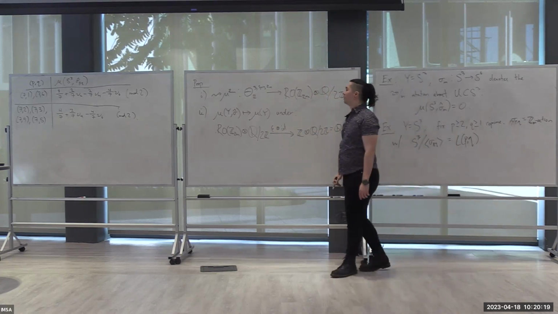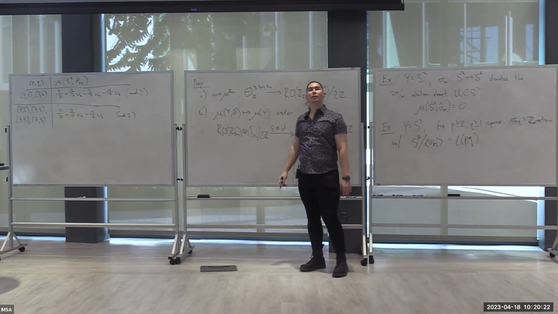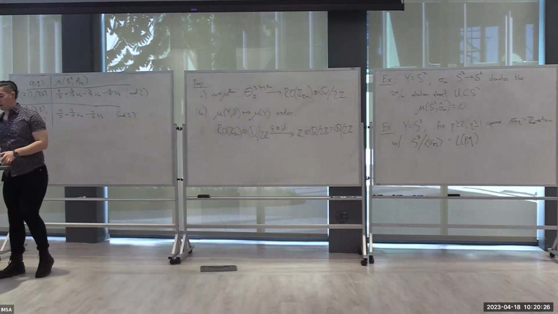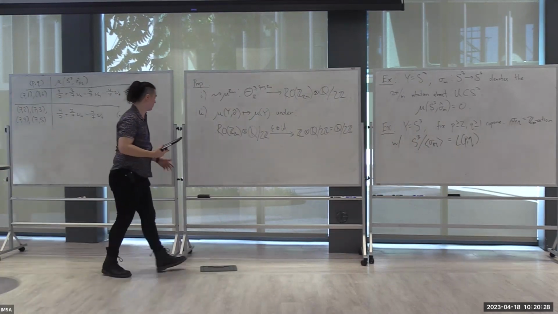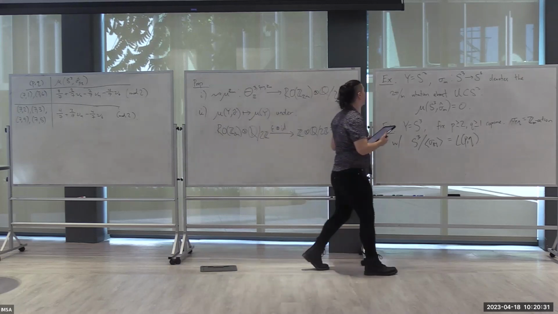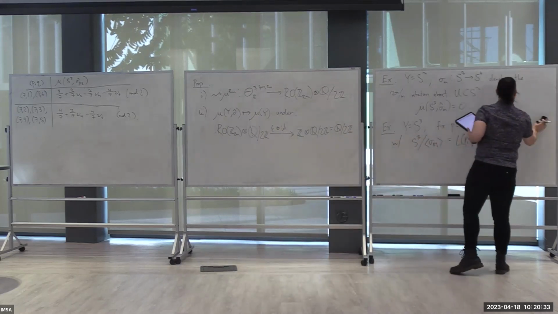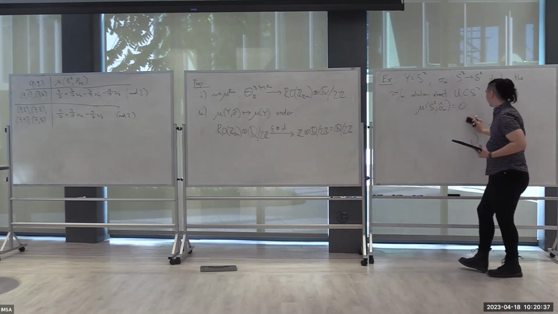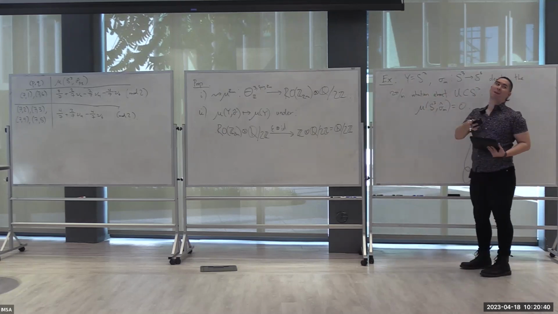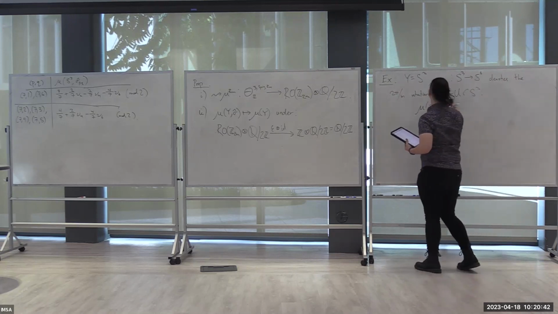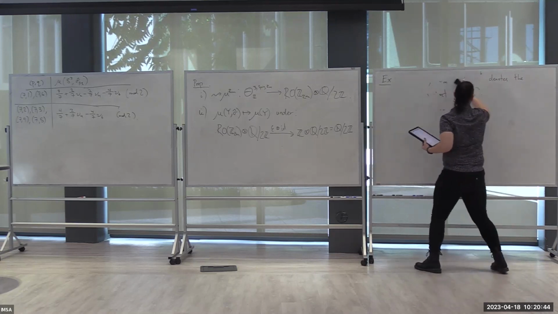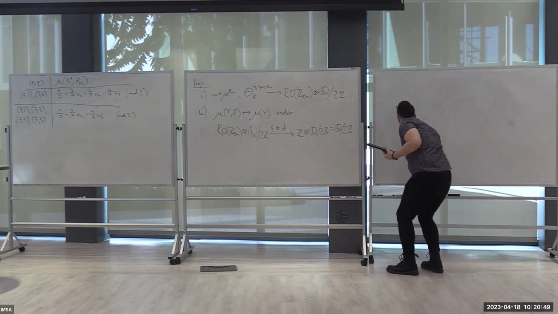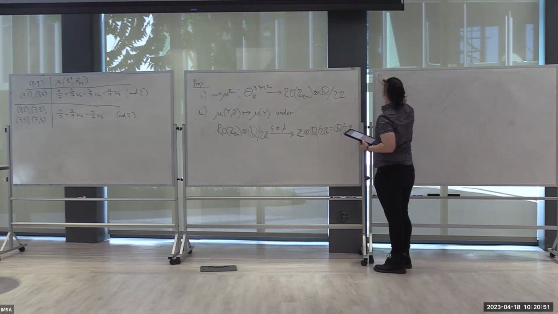So for these two reasons, I think it's fair to say that this is the Equivariant Rokhlin invariant.